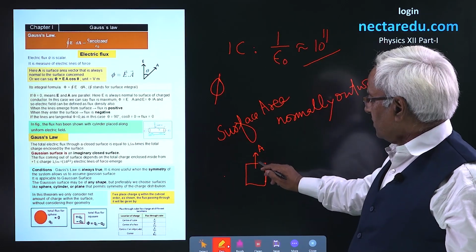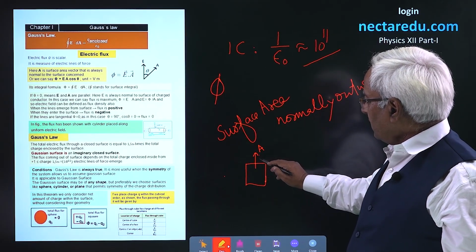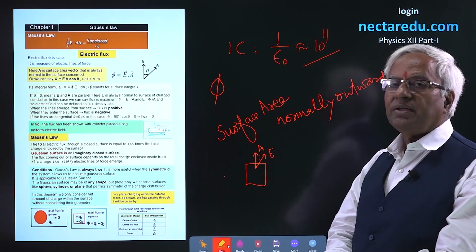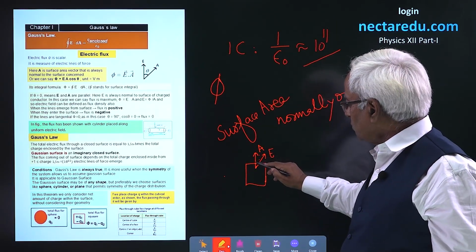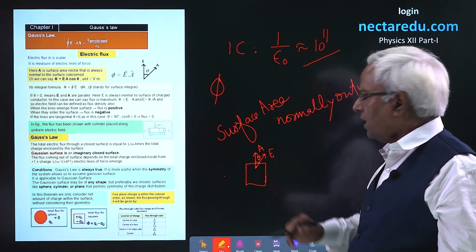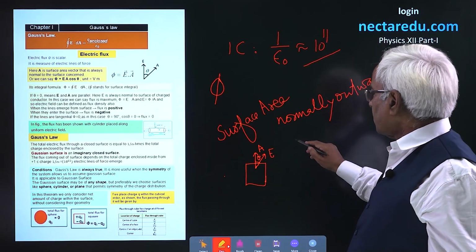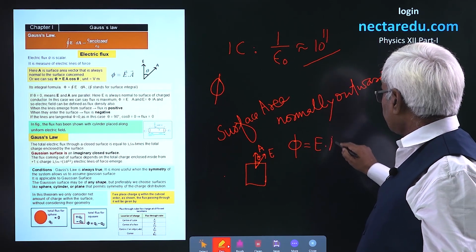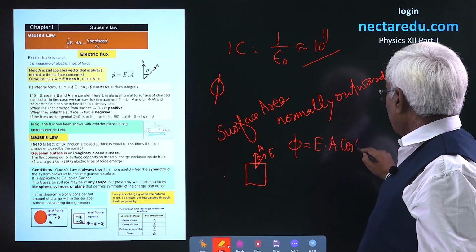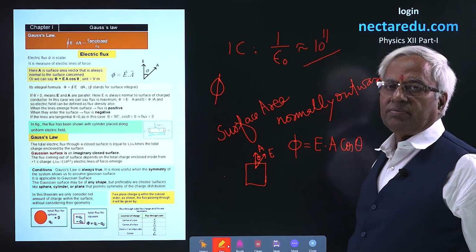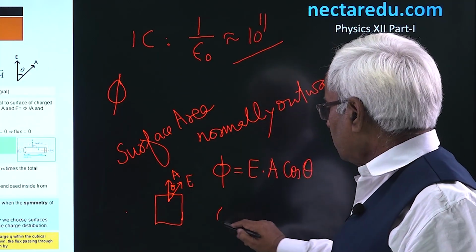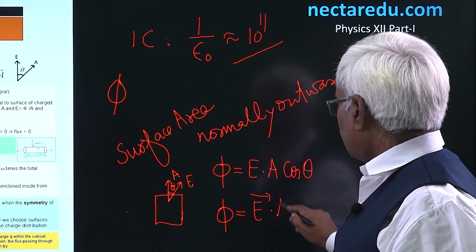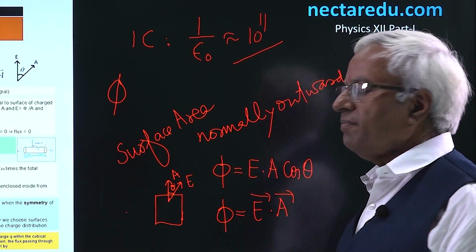Here the area vector is this way, and if the electric field is like this, angle between the two suppose is equal to theta. In that case, the electric flux would be given by E A cos theta. Or in vector form, you can write this as E dot A.